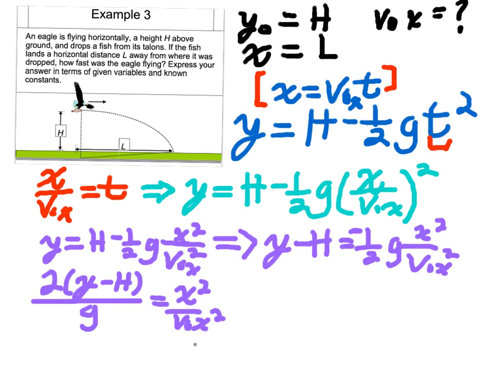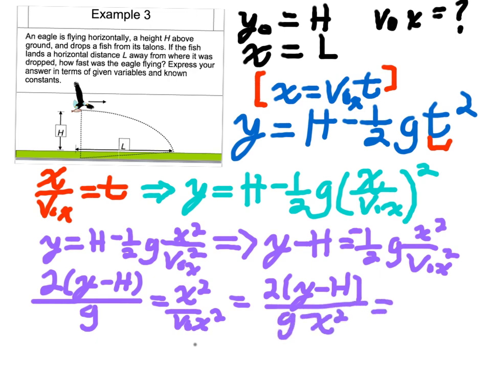And that becomes, if I divide by x squared, 2 times y minus h over g x squared equals 1 over v naught x squared. See if you can figure out how to deal with the fact that we just got what we're looking for in the bottom of a fraction. I'll do it on the next slide, but maybe you should try it on your own first.